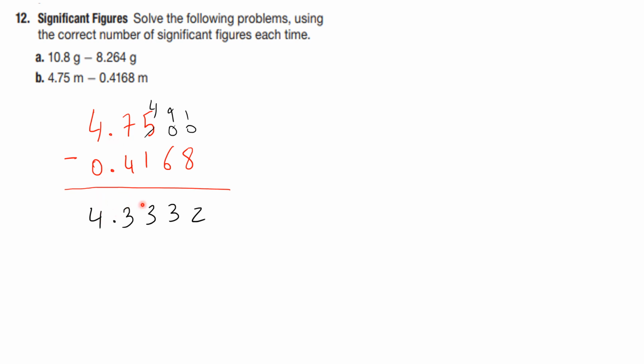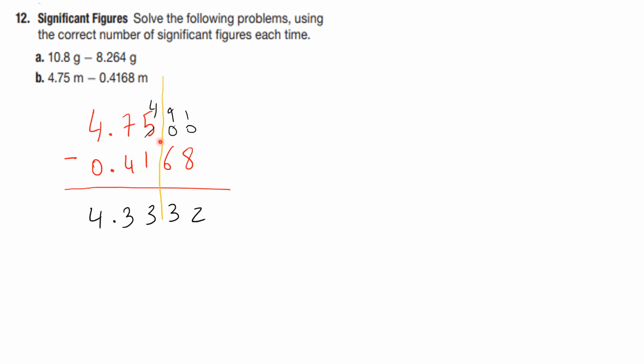But how do I know the correct answer? Here we have to draw a line, if you remember from the previous slide, at the number with the least decimal places. 4.75 has 2 digits after the decimal, and 0.4168 has 4 numbers after the decimal, so I have to draw the line beside 5.